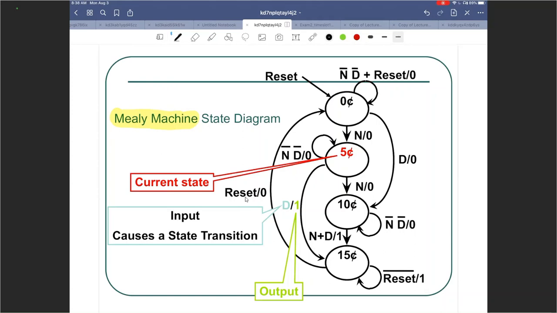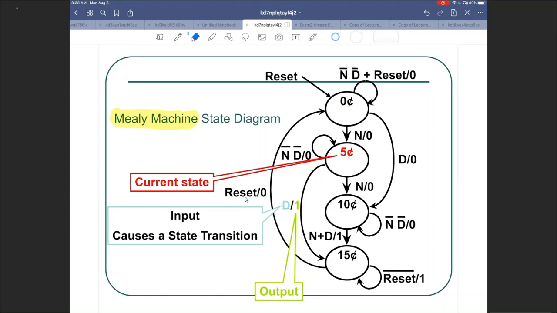If you remember earlier, our outputs were dependent on the states themselves, right? As shown in red. Now they are not. So that was Moore. Now this is Mealy. In Mealy, the outputs are dependent on the state as well as the input.